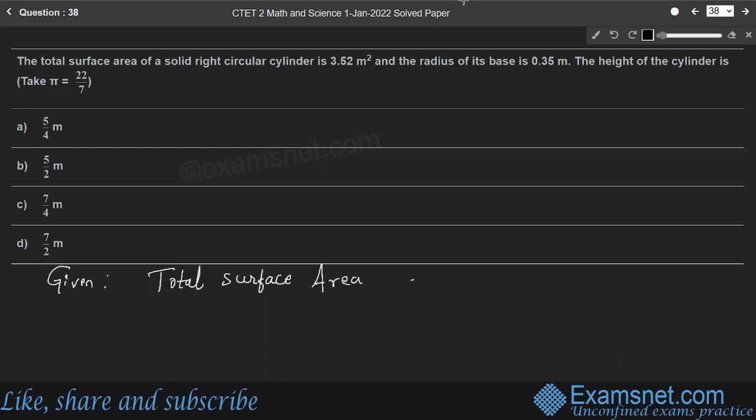Total surface area of the cylinder is 3.52 meters square and radius of the cylinder is equal to 0.35 meter.